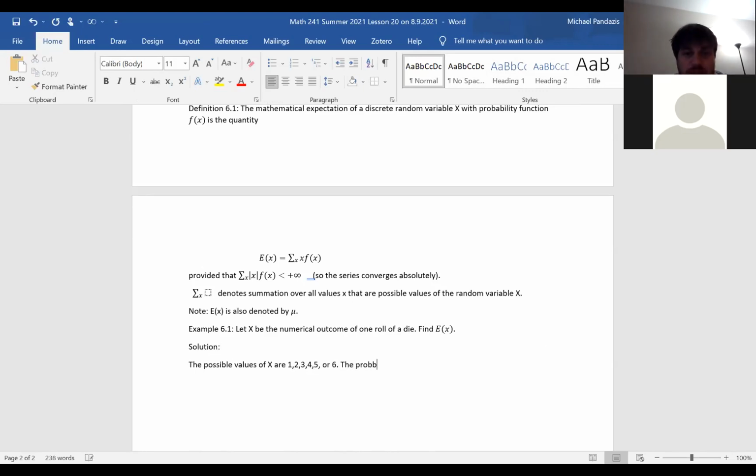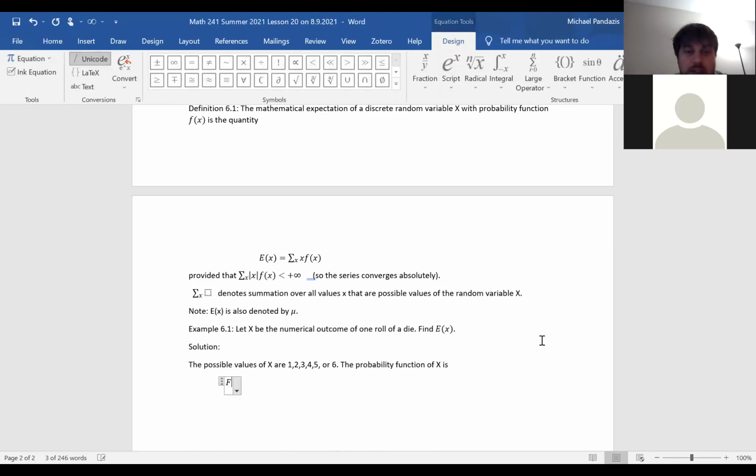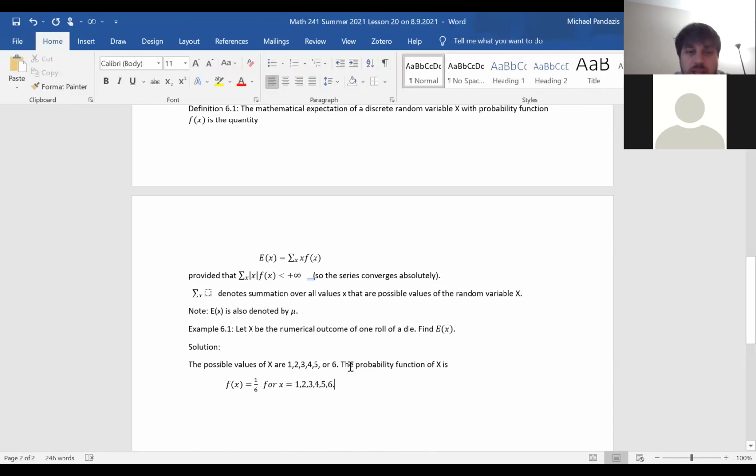So the probability function of capital X is little f of x, which is equal to 1/6 for x equal to 1, 2, 3, 4, 5, or 6, right? The probability that capital X takes on any of those values is 1/6.